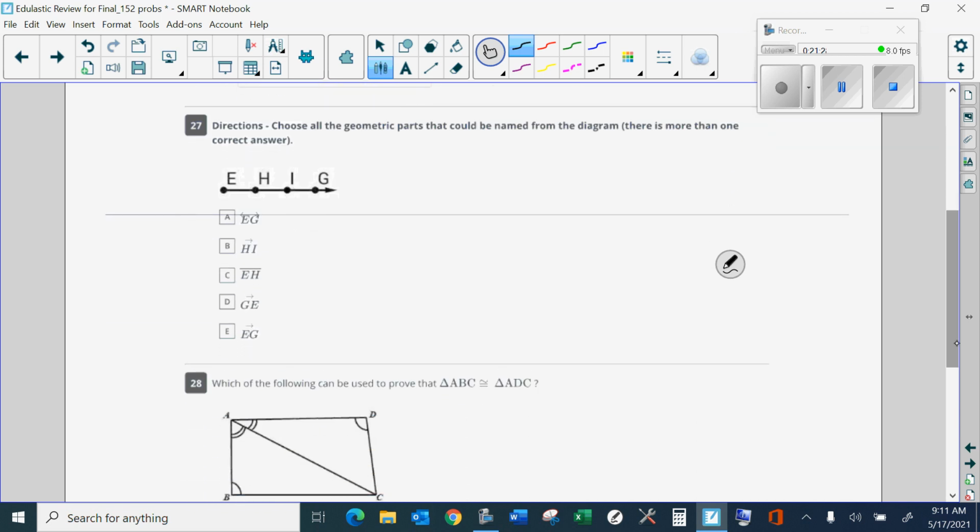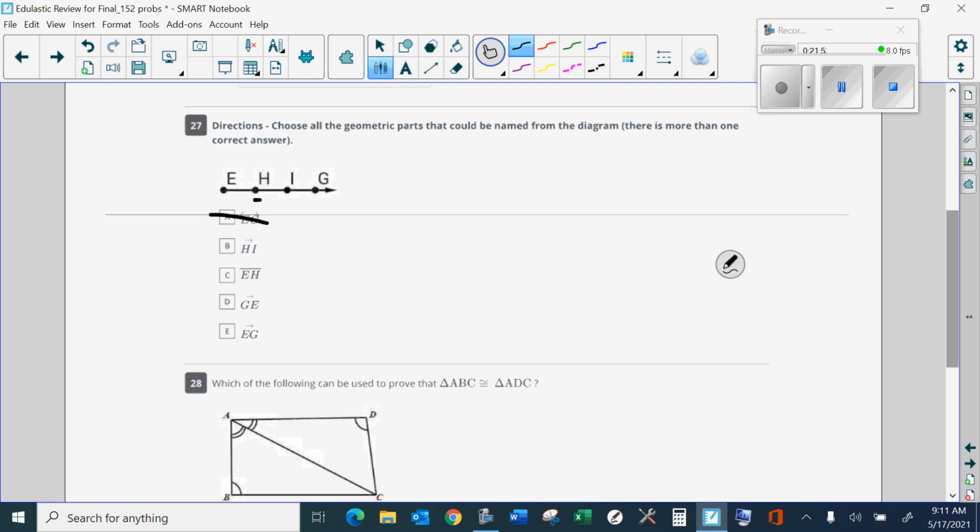Choose all the geometric parts that can be named from the diagram. There is more than one correct answer. Line EG, is this a line? No, it's not. It's a ray. Ray HI, okay, there is a ray HI there.